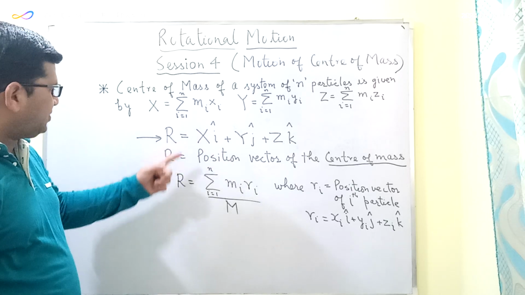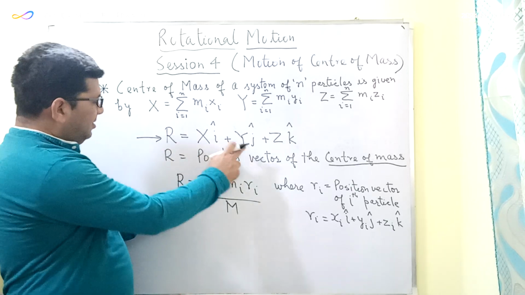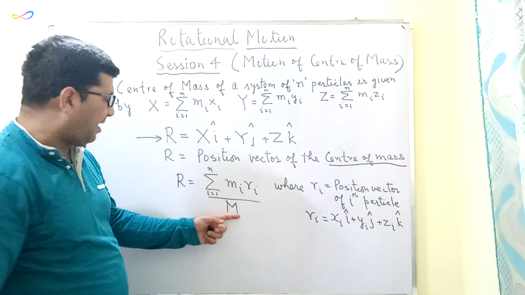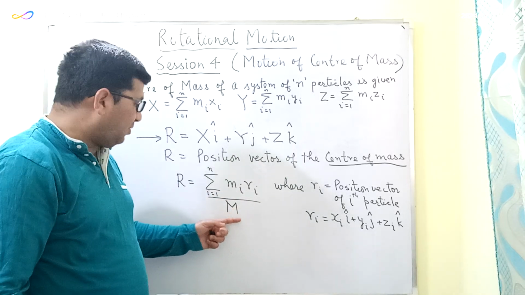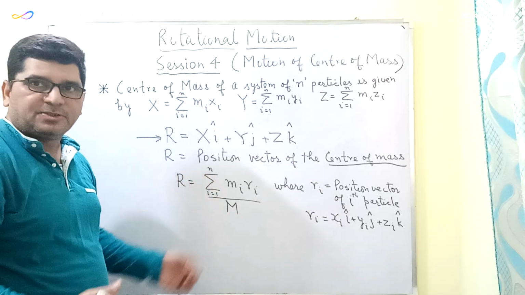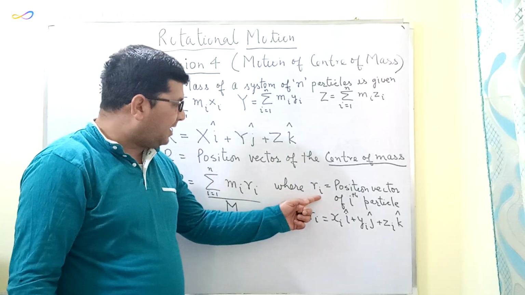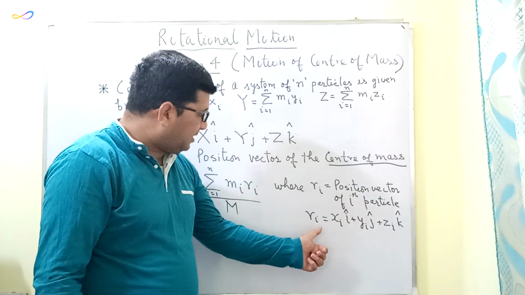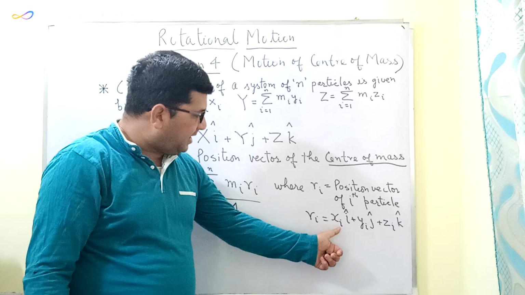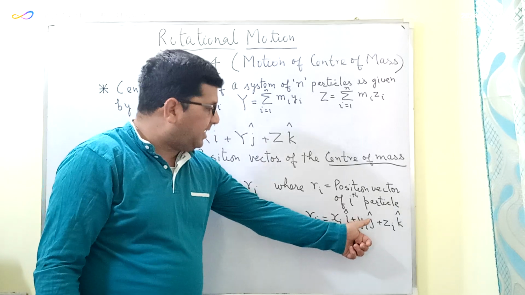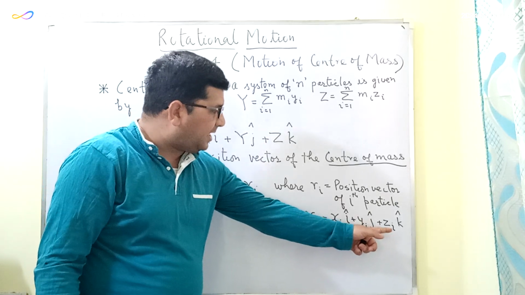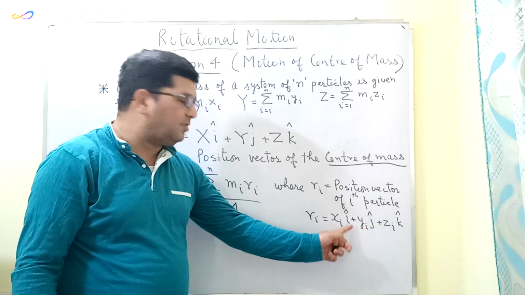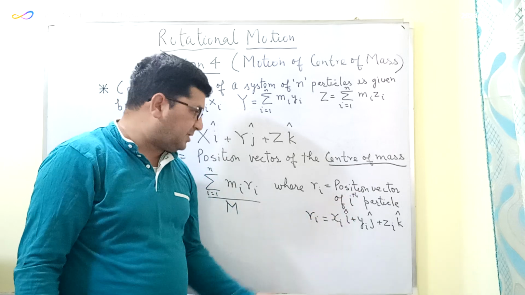Now this equation can also be written as r equal to the summation of mi ri divided by M. Capital M is the mass of that system of particles, and ri is the position vector of the ith particle, which can be written as xi i cap, yi j cap, zi k cap, where i, j, and k cap are the unit vectors along the x, y, and z axis.